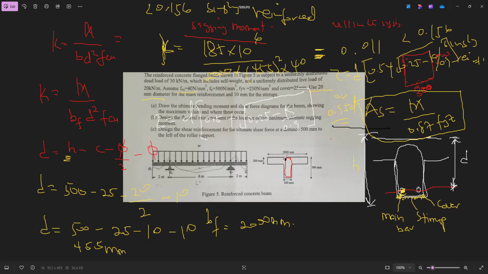Where are you putting this thing? I'm not seeing it well.